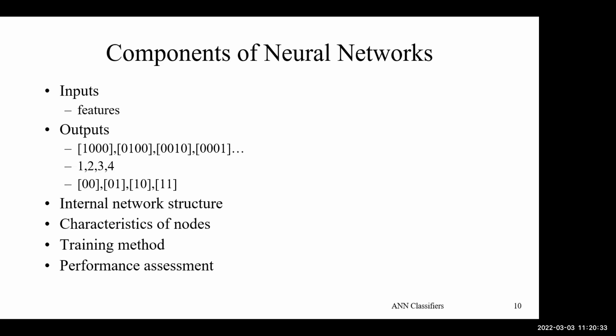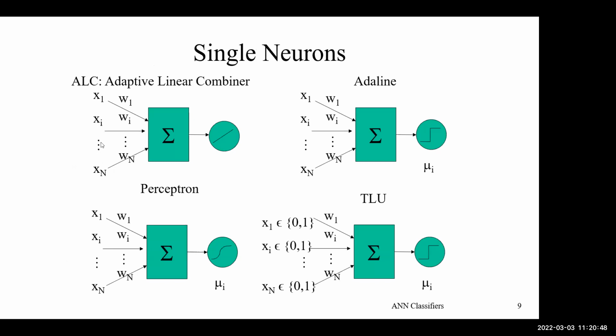Then there's going to be in all neural networks some sort of internal network structure. Who's connected to whom? And then what's going on in the nodes? Everything has your values times the weight in an accumulator, but these options here are all included in your node.